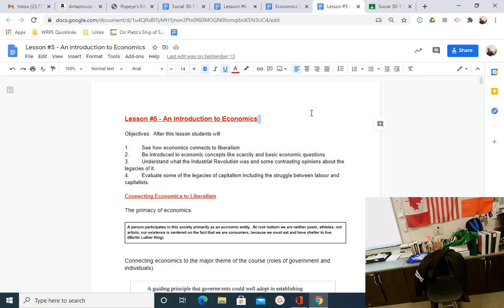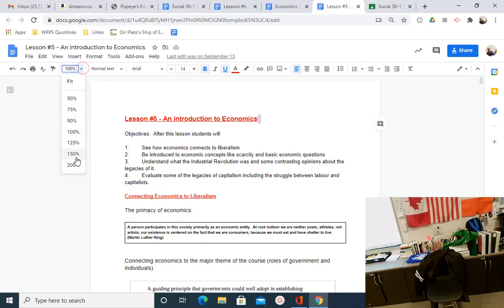You should understand the role that the Industrial Revolution played and how it does have both a positive and negative legacy. And because of the legacy of capitalism through the Industrial Revolution, there's been a struggle between labor and capitalists. Lesson 6 will go on and say these are some responses to classic economic liberalism.